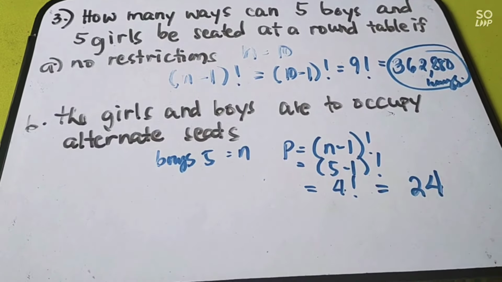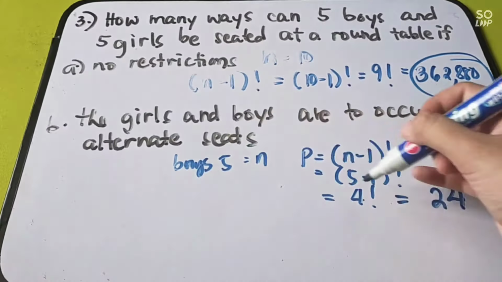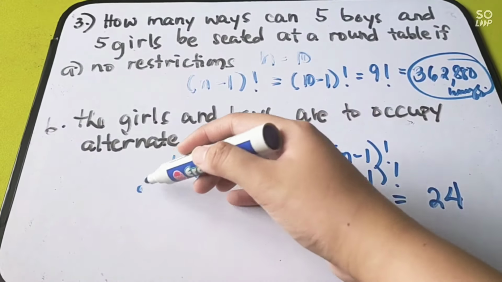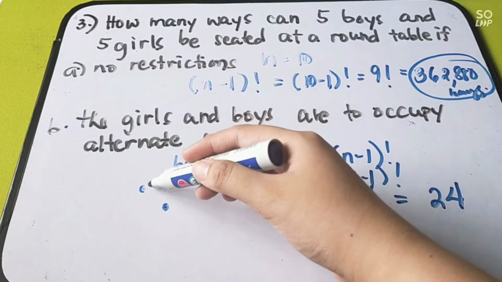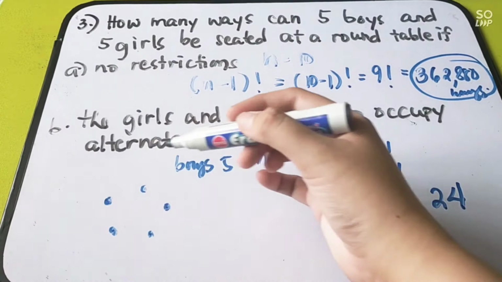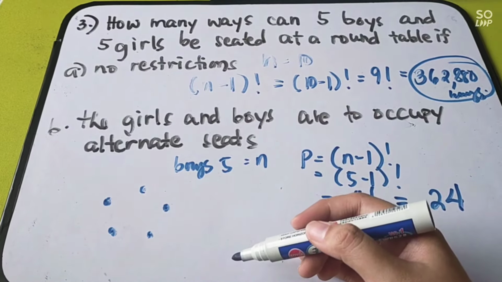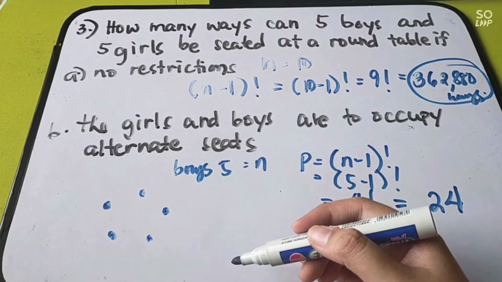Paano naman po si girls? Nailagay mo na si boys doon sa kanilang pwesto, then ipapagitna mo na si girls. 1, 2, 3, 4, 5. Ayan yung 5 boys. Ngayon, ipapagitna mo na yung mga babae.